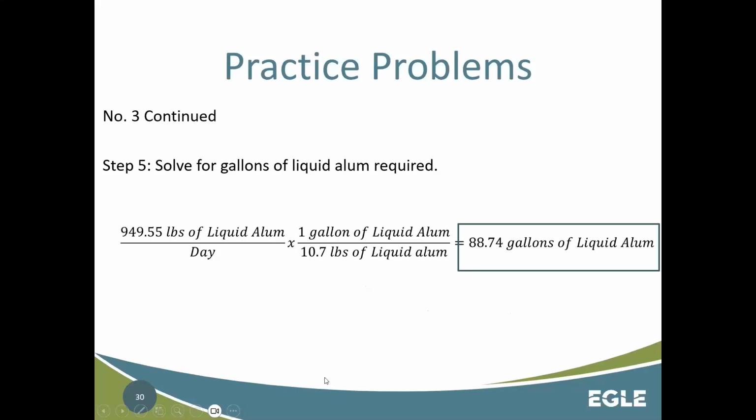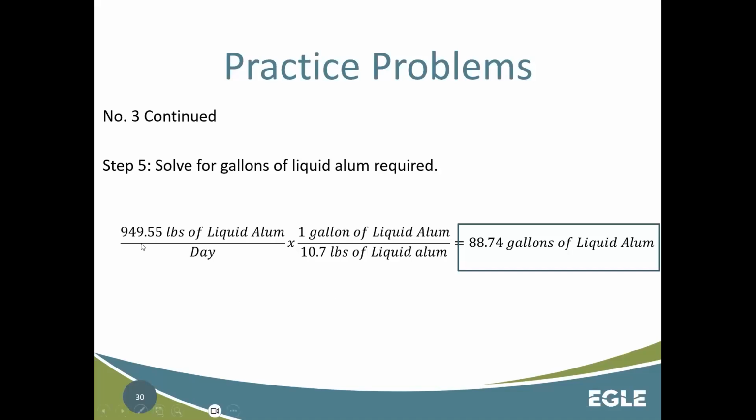Step 5, solve for gallons of liquid alum required. Okay, so we discussed this a little bit earlier that each gallon of alum weighs 10.7 pounds. Again, you could go back to your reference sheet perhaps, or to the product data sheet to get that information if it wasn't given to you.